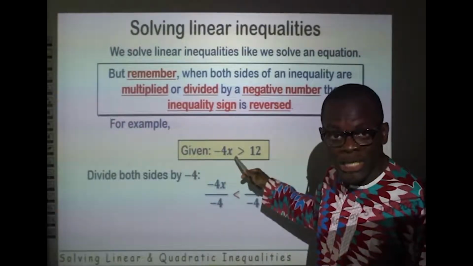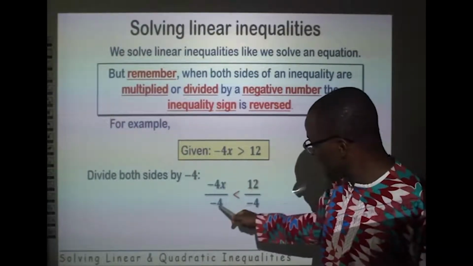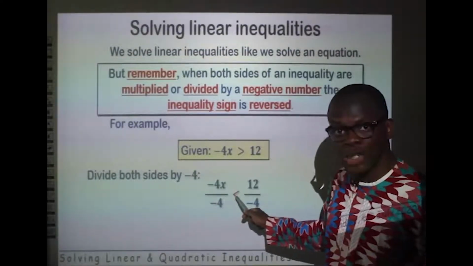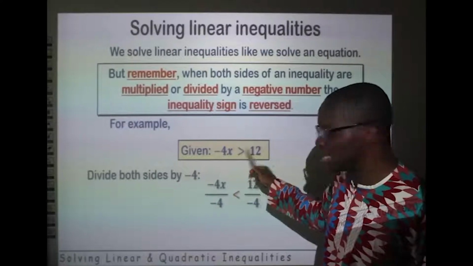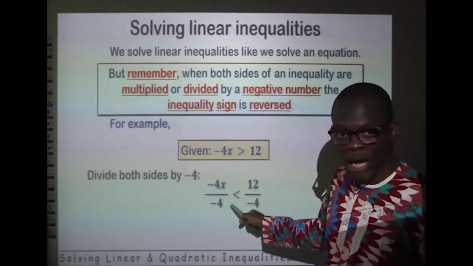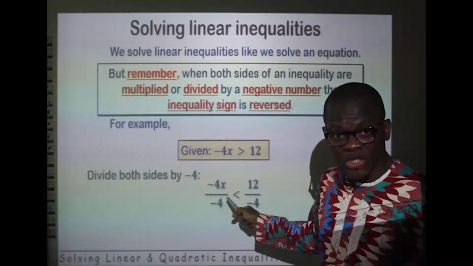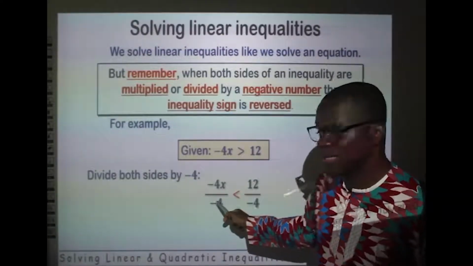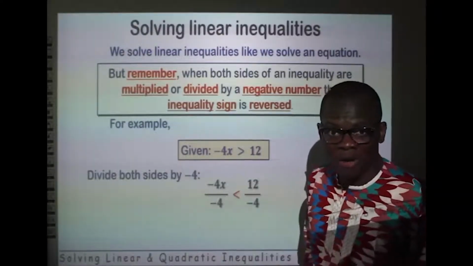It's originally greater than, but because we're dividing by a negative number, the inequality sign has now changed from greater than to less than. That's why I've changed the color, just to show where the change has taken place.